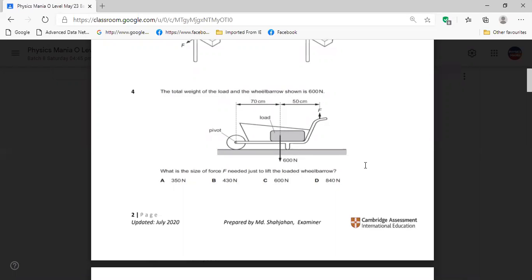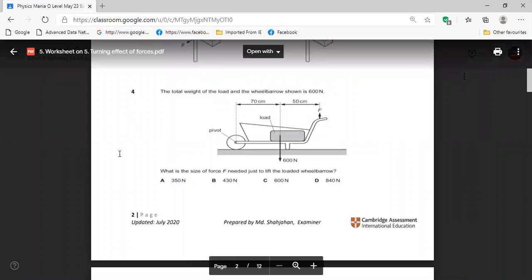So you write here in your copy: clockwise moment equals anti-clockwise moment.